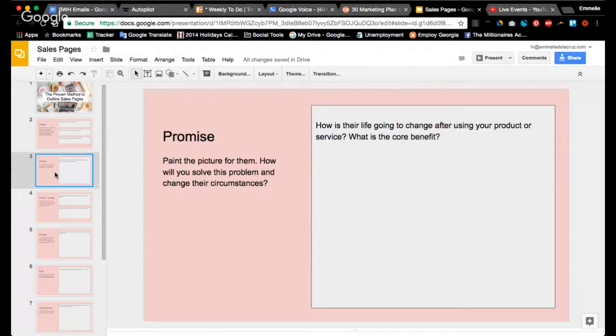But okay, let's go with the weight loss example. So you want to sell an at-home fitness program for people who want to tone up for summer, right? So you identified their problem, which was they don't go to the gym because they don't have time. So the promise would be, because you haven't found the time or the energy to go to the gym and you haven't worked out in ages, your body is not where it needs to be.